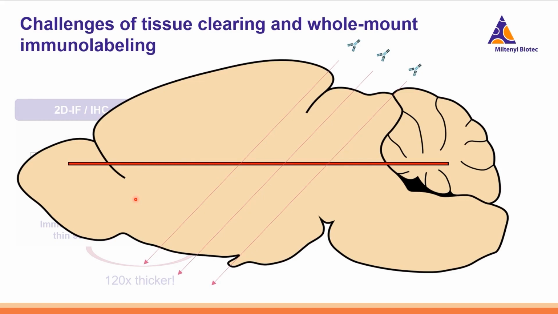If you compare the thickness of the slice to the thickness of the whole tissue, you may also agree with me. On top of that, the brain is opaque. The light cannot pass through, and we may also need to do tissue clearing. And tissue clearing itself and the antibody labeling can interfere with each other and make things complex.